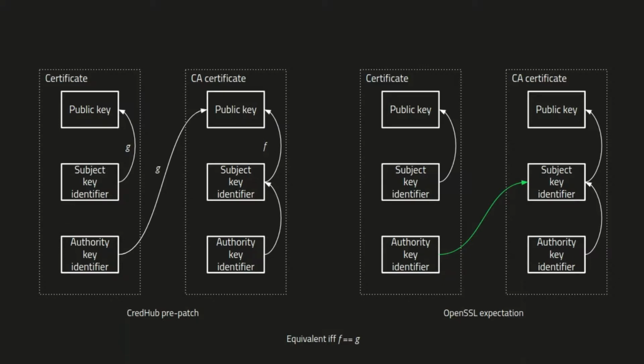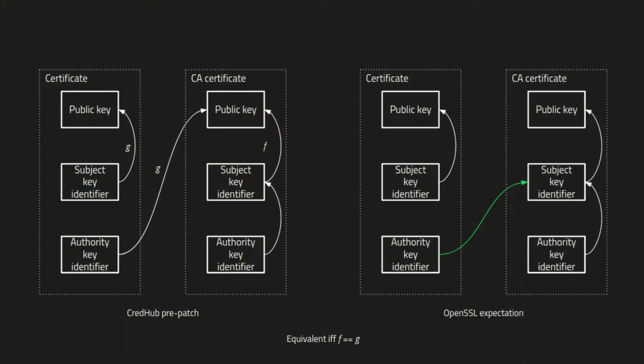These two different behaviors are equivalent if the function used to generate the subject key and authority key identifiers of the certificate are identical to the function used to derive the subject key identifier of the CA certificate. For example, if we use SHA-1 to generate the subject key identifier of the CA certificate, and we use SHA-1 to derive the authority key identifier of the certificate, then this certificate is valid.